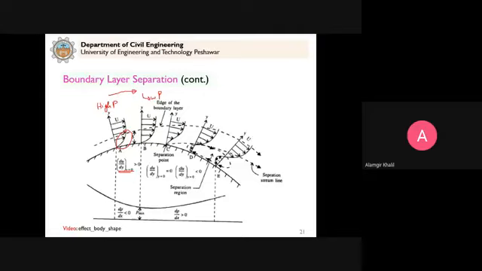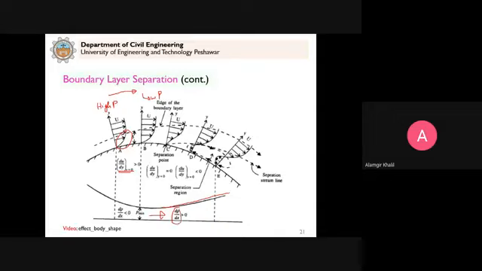Now after this point B, you can see that from here onward we are moving to high pressure. You see from this curve, high pressure. So that's why dP by dx is greater than 0.